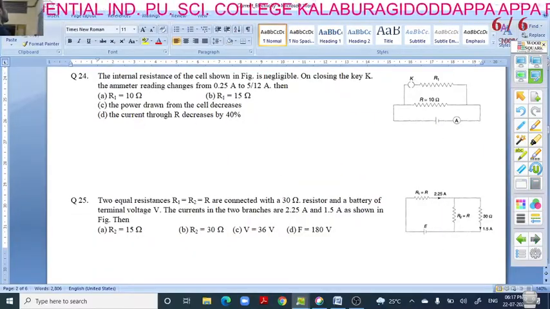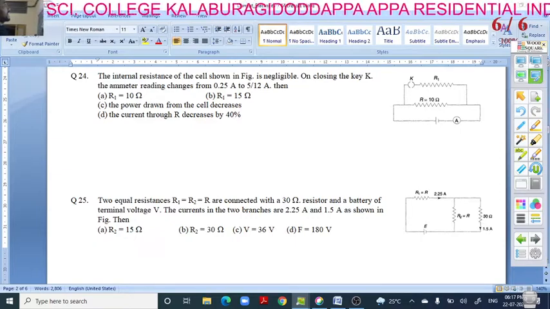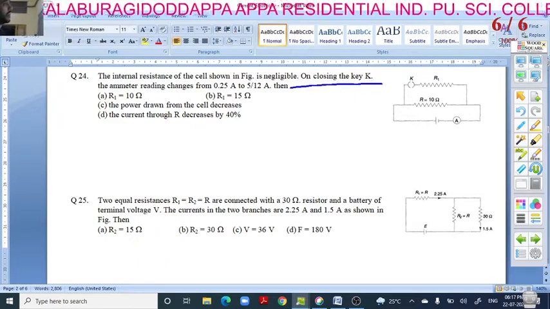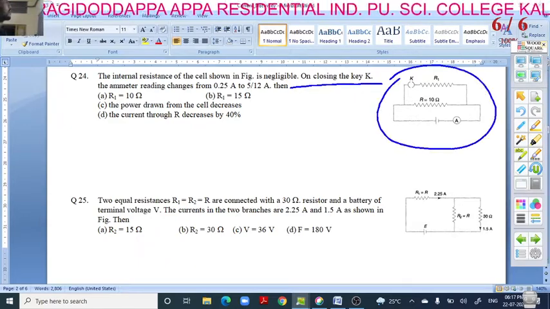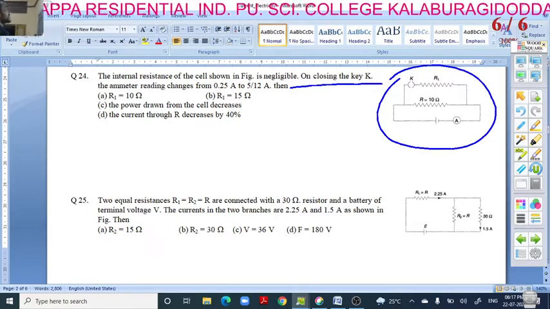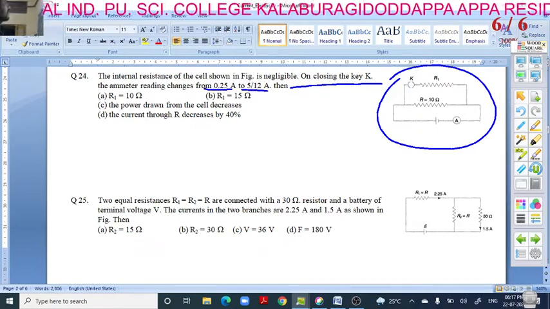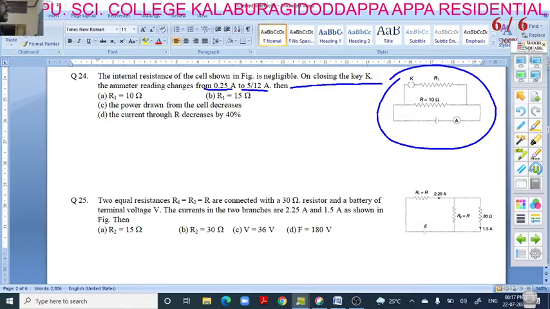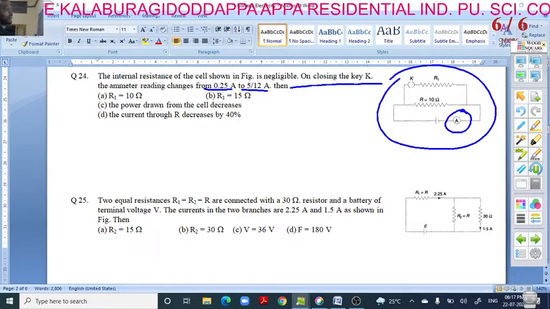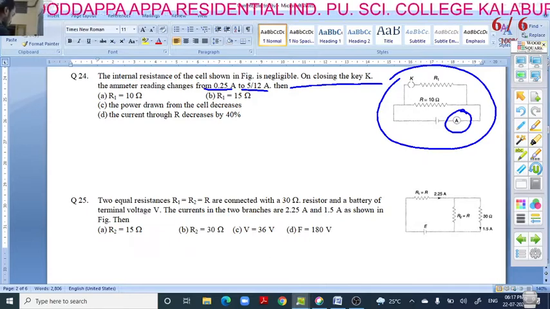See, the internal resistance of the cell shown in the figure is negligible. On closing the key K, just go through this figure. On closing the key, the ammeter reading changes from 0.25 to 5 by 12 ampere. Just to remember.